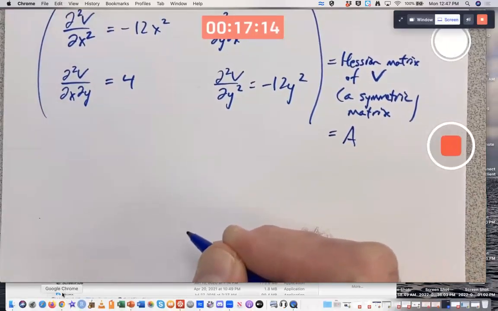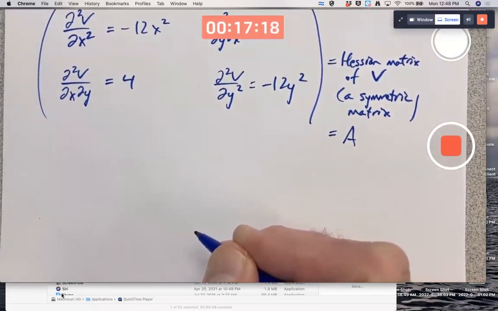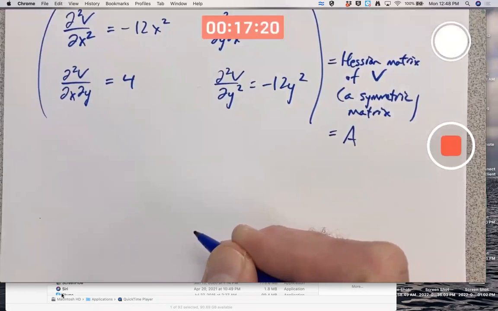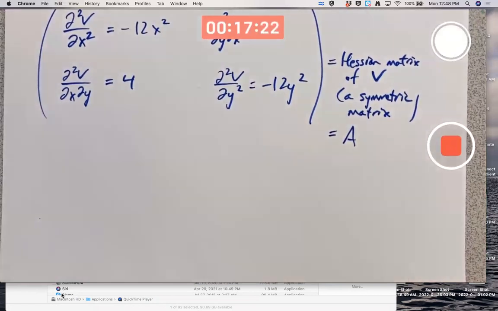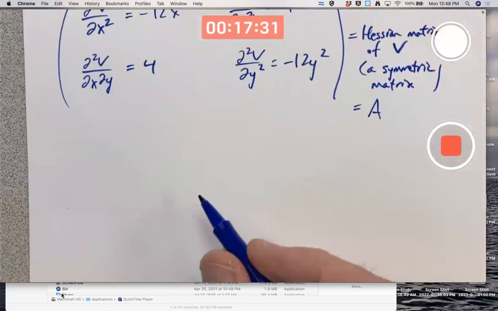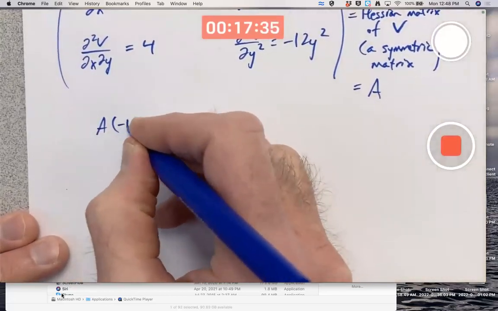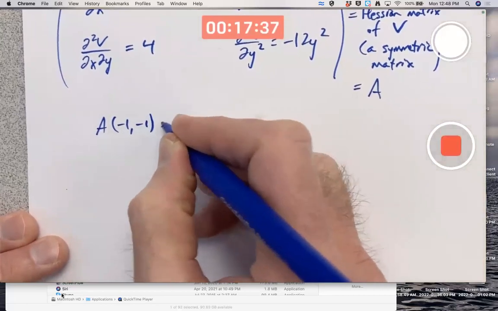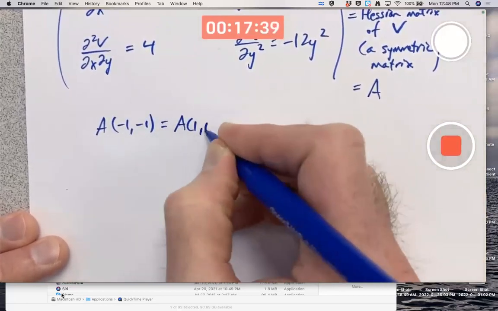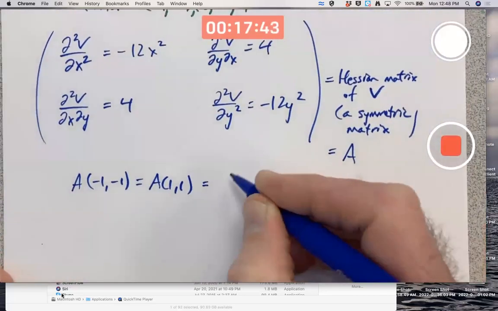We can evaluate this matrix at the critical points, just like you evaluate Jacobian matrices at equilibrium points. The purpose is for something different, though actually related. So again, here are the critical points. If I plug in -1, 1, -1, or 1, 1, I'm going to get the same thing because I'm squaring. What will I get?